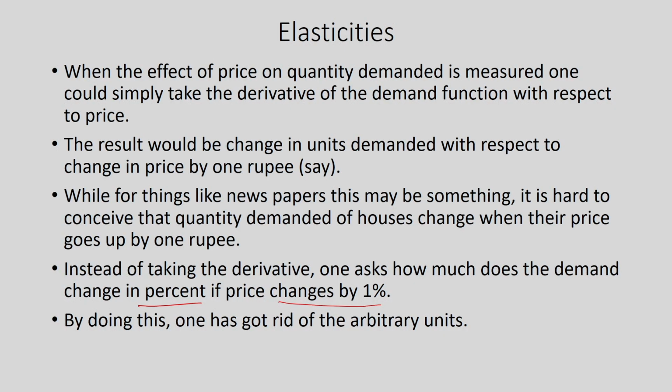By doing this, one has got rid of the arbitrary units. So, another benefit of doing this, apart from the fact that there is a difference between cars and cigarettes or let us say matchsticks, is that is why you need percent rather than just units.